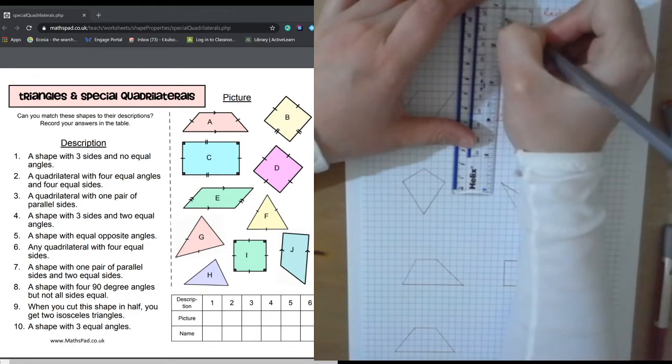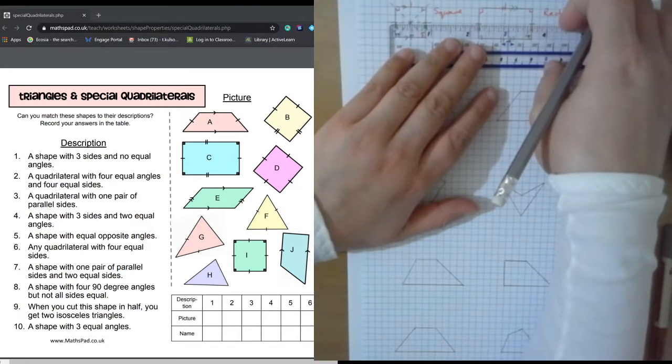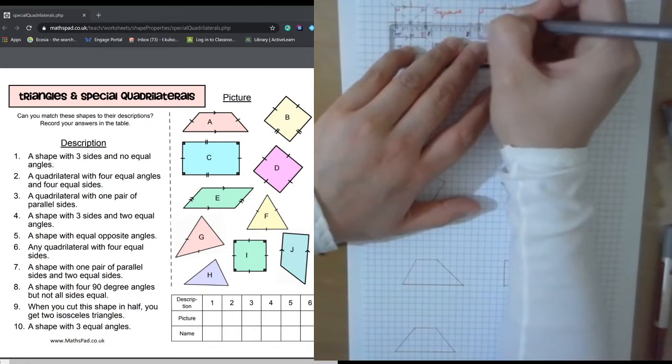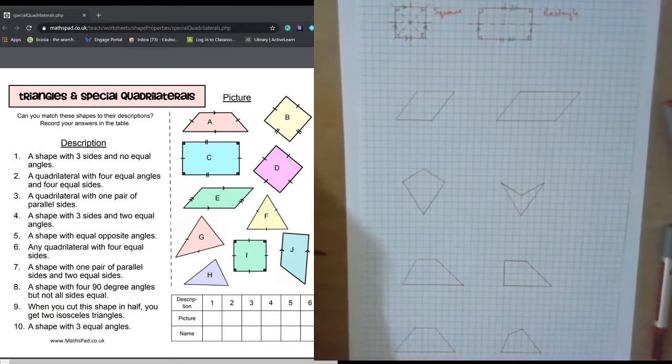Okay, but there is a line of symmetry down this center and there's also a line of symmetry down the center of this side. Okay, so I've got two lines of symmetry, four right angles, two sets of parallel lines, two sets of equal size lines, and that would be my rectangle.